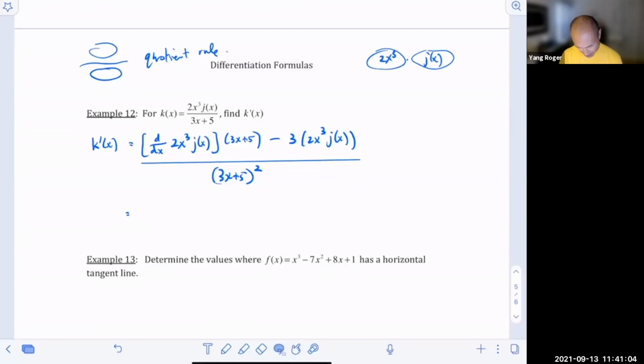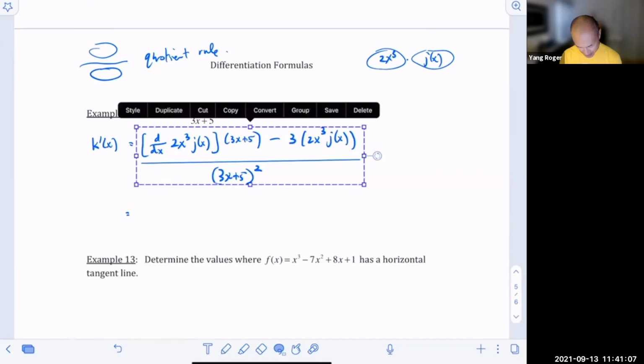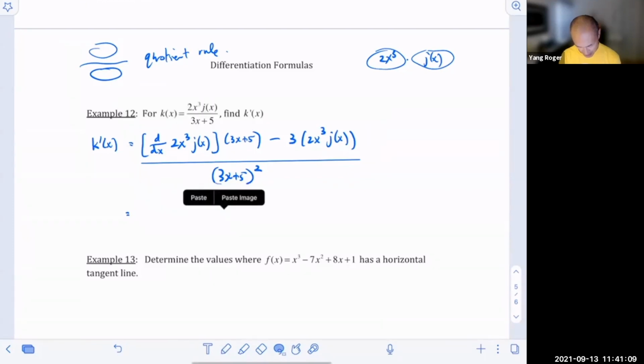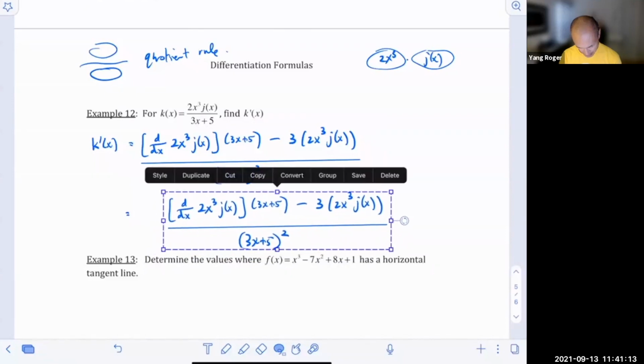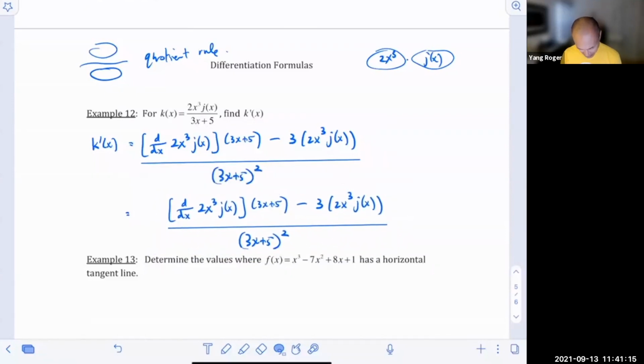So I'm going to copy this, and then I'm just going to erase what's inside the square brackets and calculate that. So we need the derivative of the first thing. The derivative of 2x cubed is going to be 6x squared, right?